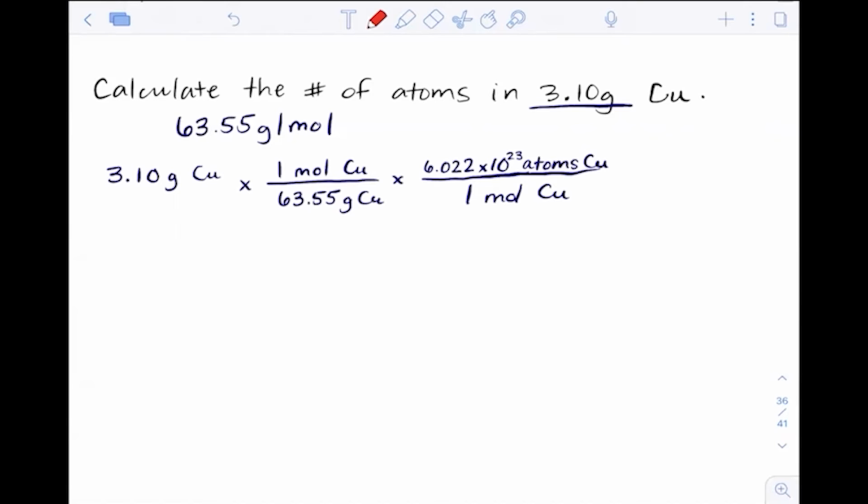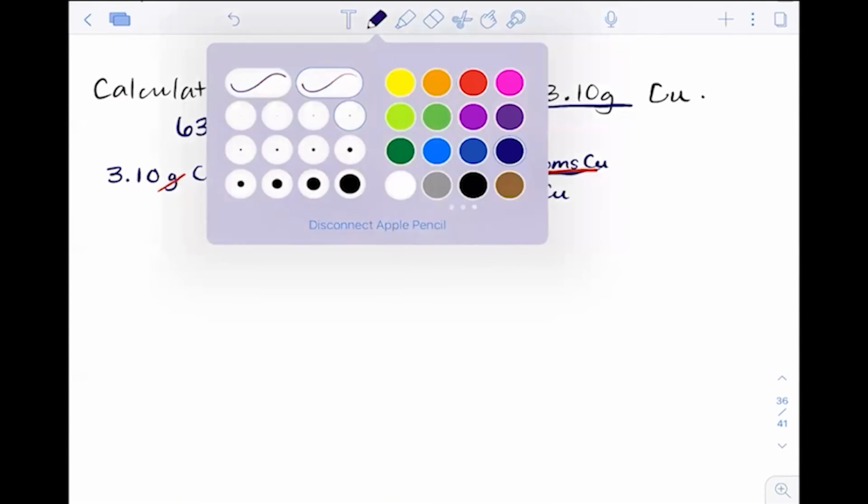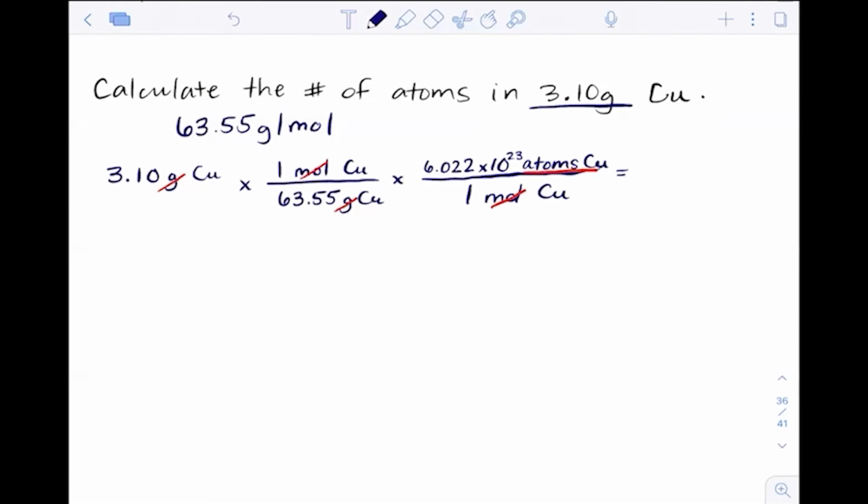MOL is the abbreviation for mole, because why write 4 letters when you could just write 3? Make sure that your units cancel. Grams cancel, moles cancel. We're left with atoms. Lovely. So we would do that calculation: 2.94 times 10 to the 22 copper atoms.